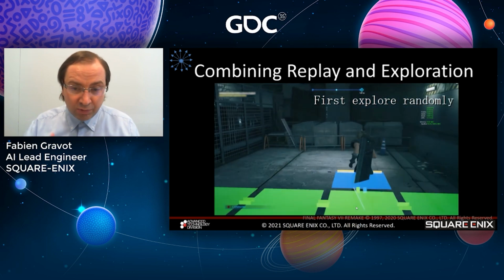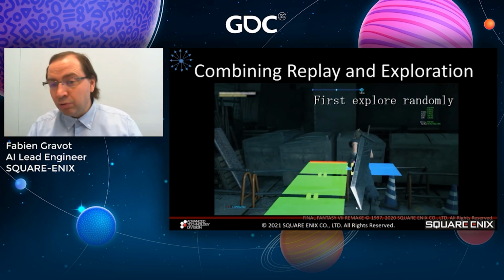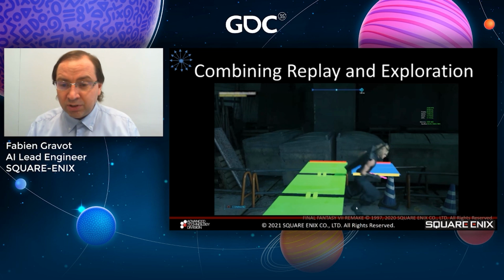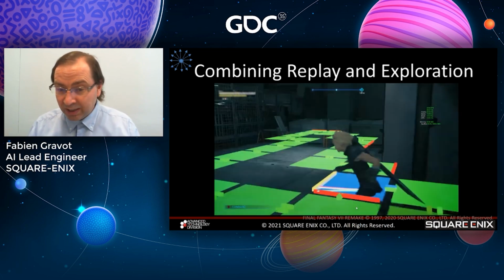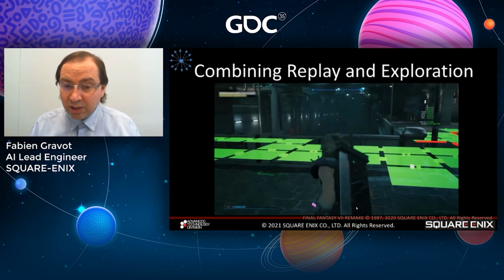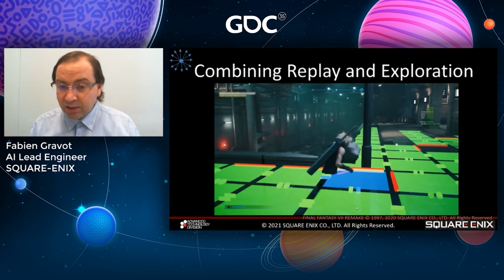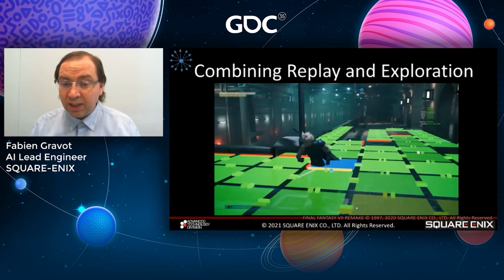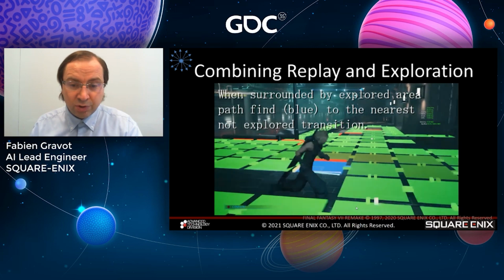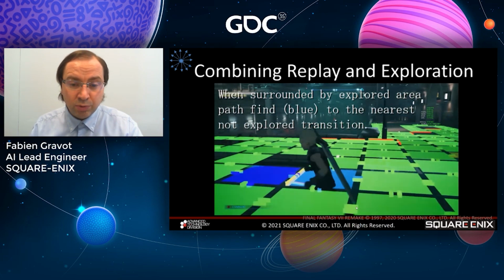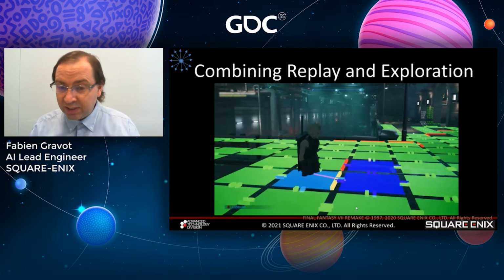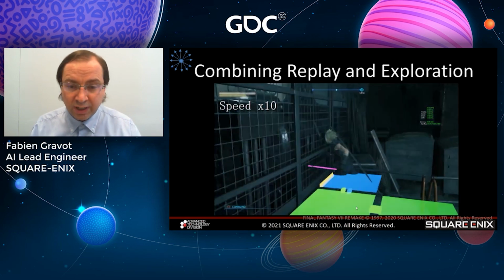The first phase of the exploration is random, so we go here and there. But the more we explore, the more we fill up the map, and we now need to find where the other edges are that we didn't explore. And in blue, you can see some path findings that we are doing to try to test other edge cases.